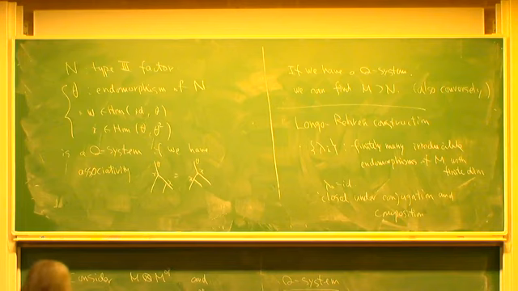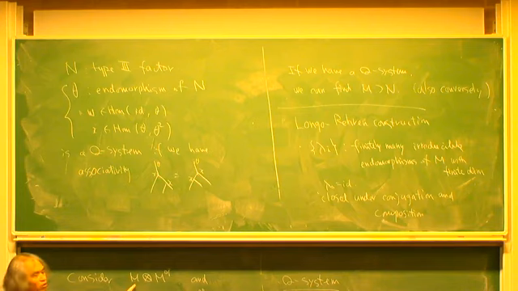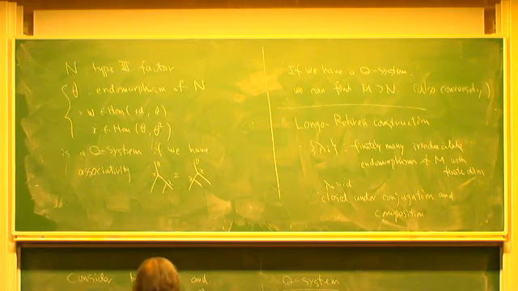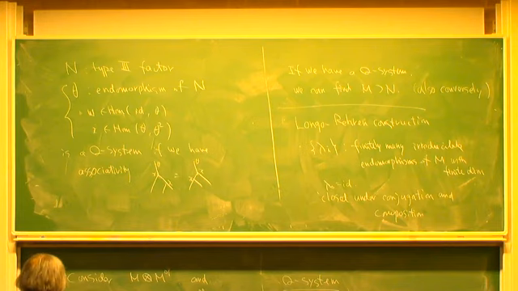But then we have a direct sum. This is a finite direct sum. So this is an endomorphism of this tensor product of M and M opposite. Then it turns out that this produces a Q system.